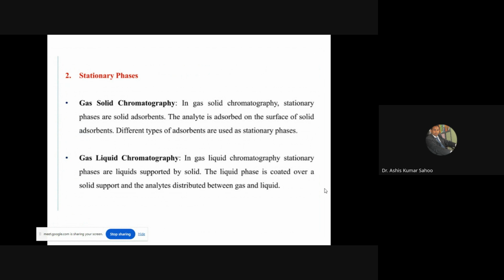Different types of adsorbent are used. In gas liquid chromatography, the stationary phase is a liquid. So here, gas solid and gas liquid. We know the mobile phase is a gas, so in gas solid the stationary phase will be solid, and in gas liquid the stationary phase will be liquid. These are the different stationary phases used.